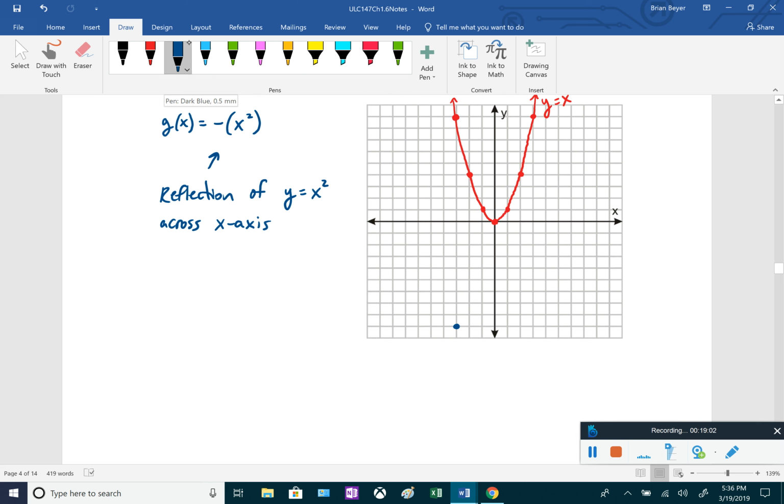Instead of -2, 4, -2, -4. And then -1, -1 stays at the origin. 1, -1, 2, -4, and 3, -9. So we took all of those y values and negated them, and we got g of x, which is negative x squared.